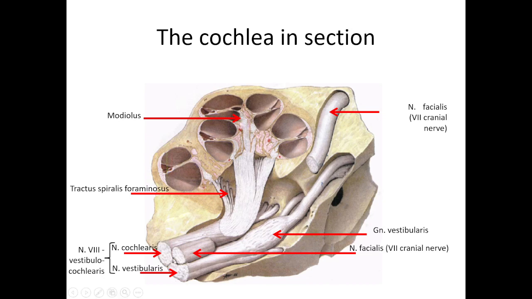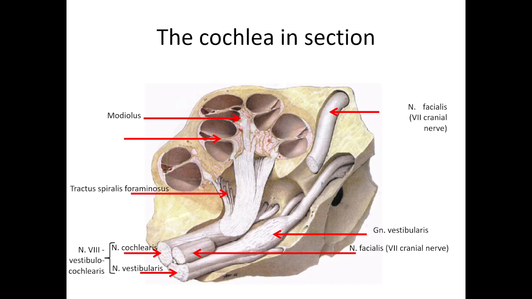It was cut here so we can see better, but it is the same nerve. So my question is, how many nerves pass through meatus acousticus internus? Two. Seventh and eighth. Vestibulocochlearis and facialis.